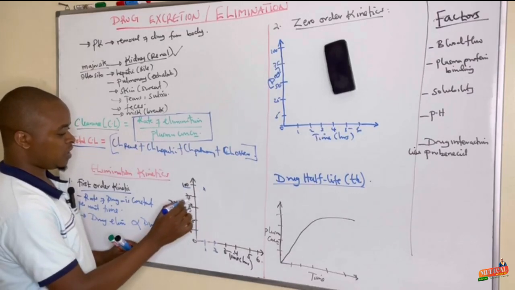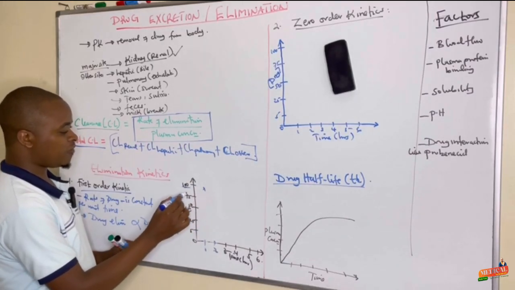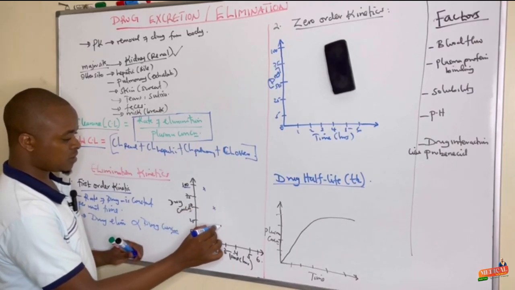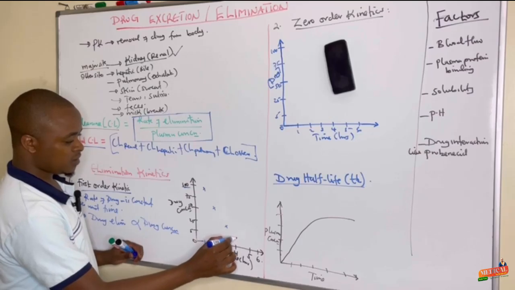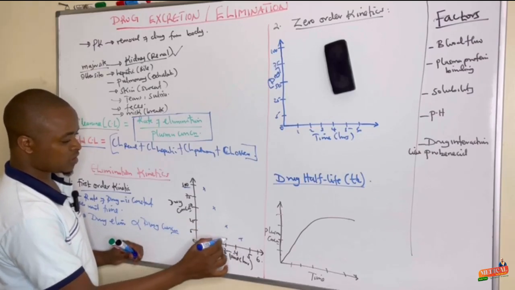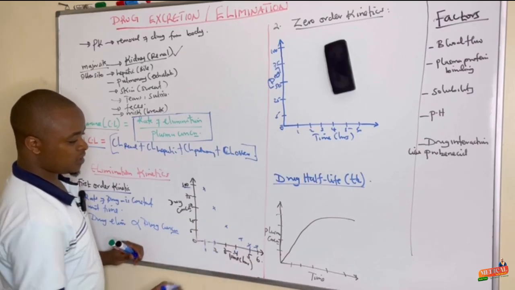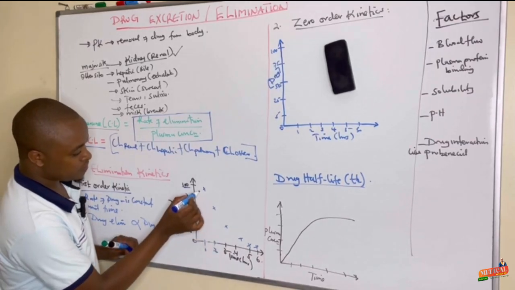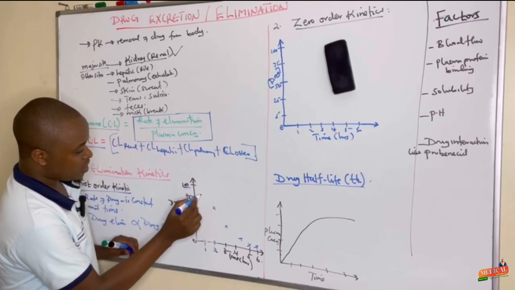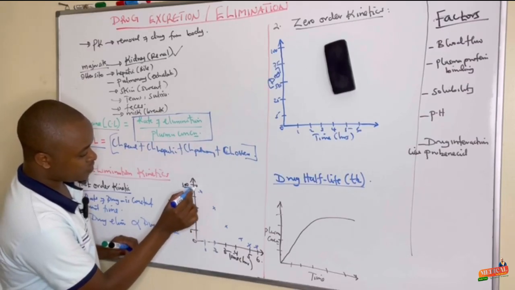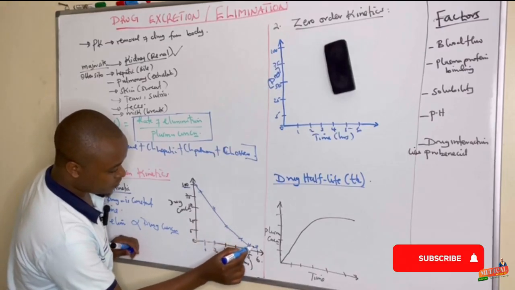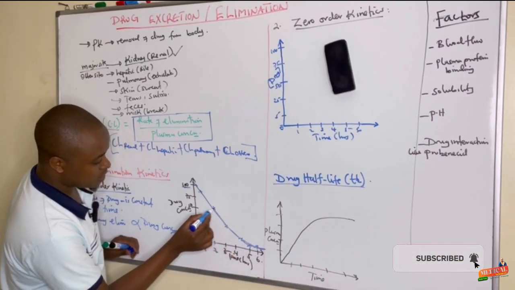Then if we take the half-life, if it goes to 50, we see it also decreases at a certain half-life, and then it becomes constant after attaining a steady state. So when we are plotting this curve, we shall find it is a linear curve. This one becomes a linear curve.